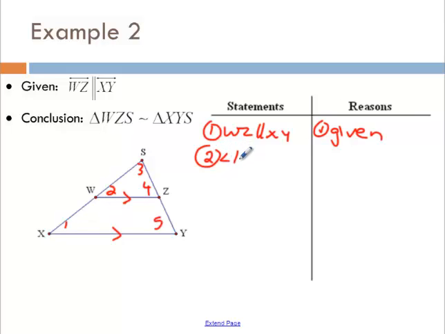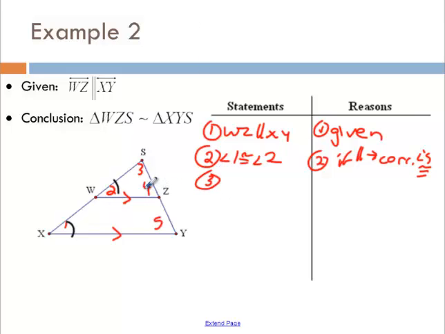And I know that angle 1 is congruent to angle 2. The reason is if the lines are parallel, then corresponding angles are congruent. So let's mark those. Let's switch color. You know those are congruent.